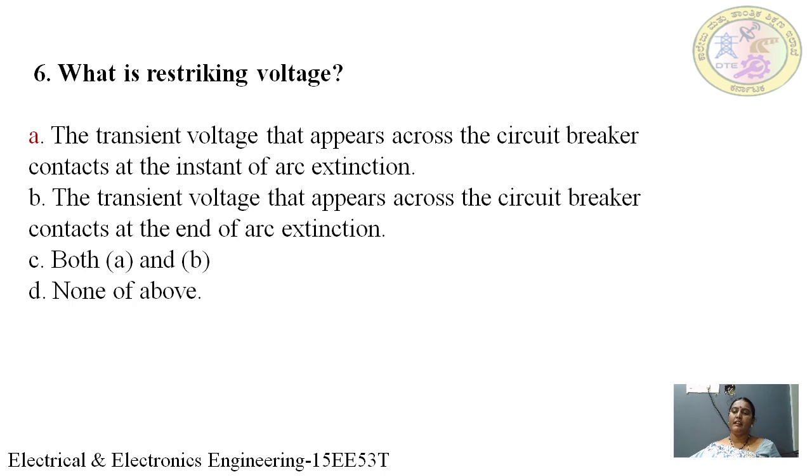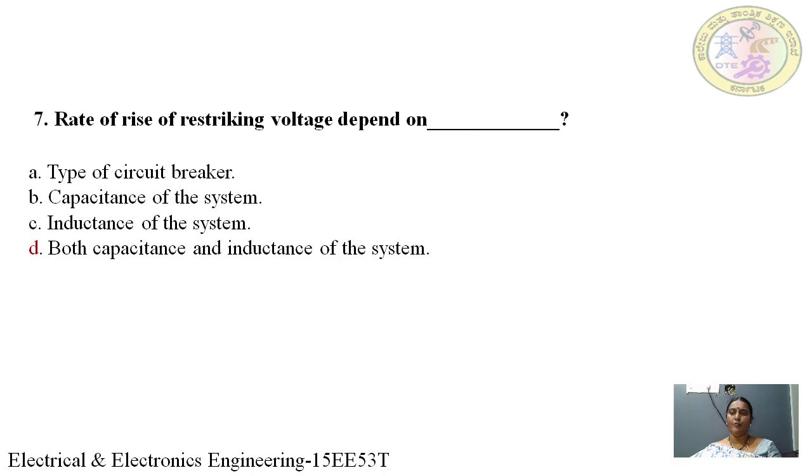Another option here is the transient voltage that appears across the circuit breaker contacts at the end of arc extinction. That may be the recovery voltage. Here the answer is restriking voltage.